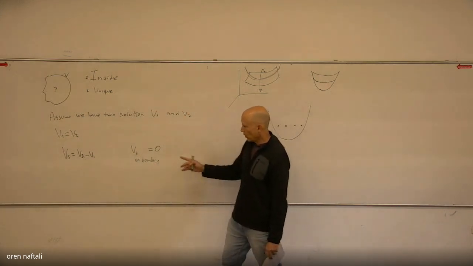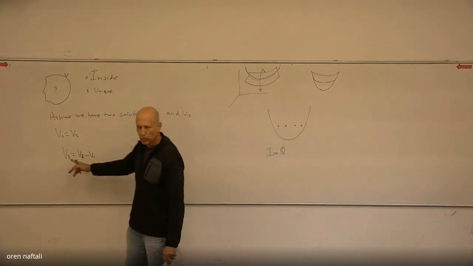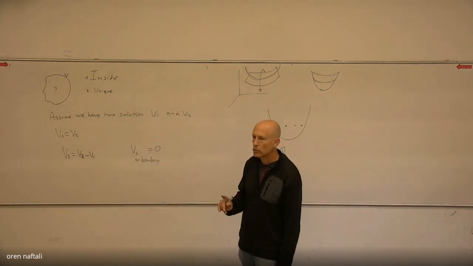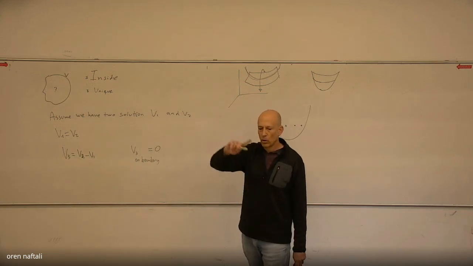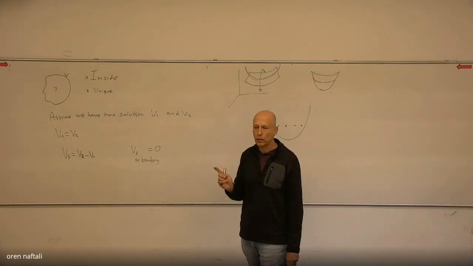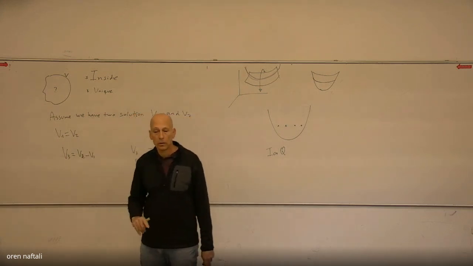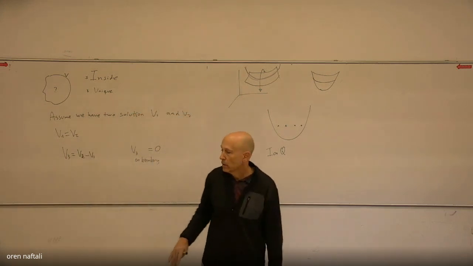So what is the equation for V3? It's the Laplace equation, where on the boundary the solution is 0. Now we know there are no maxima and no minima inside.